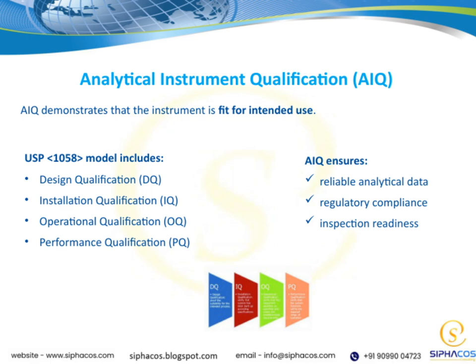And finally, performance qualification, PQ, which proves it consistently performs as required over time. Together, these stages create a comprehensive approach that supports quality, compliance, and confidence in our analytical processes. This framework is integral to our overall goal of maintaining high standards and ensuring our instruments are always ready for use.